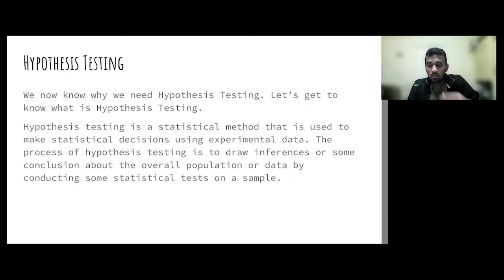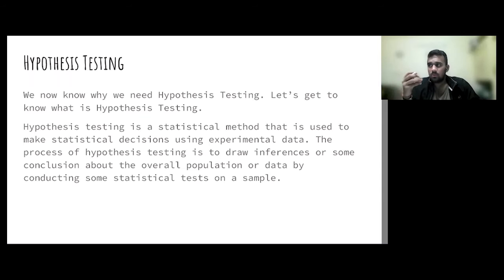Debankit has already discussed why we need hypothesis testing in a statistical environment or while solving an ML problem. So let's get to know what exactly hypothesis testing is. To reiterate the definition as written here, it's basically a statistical method.